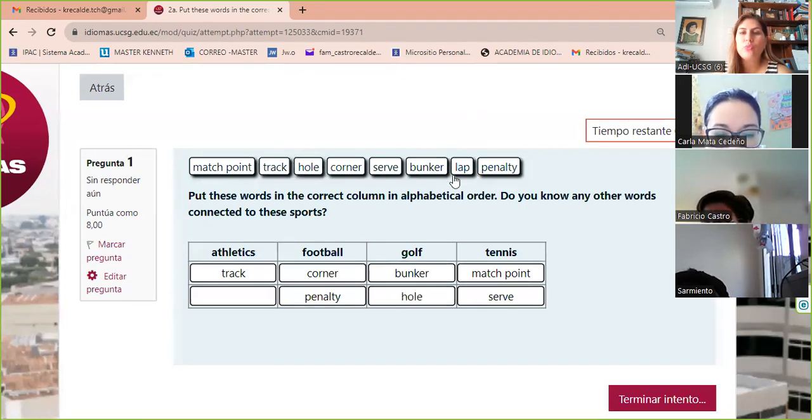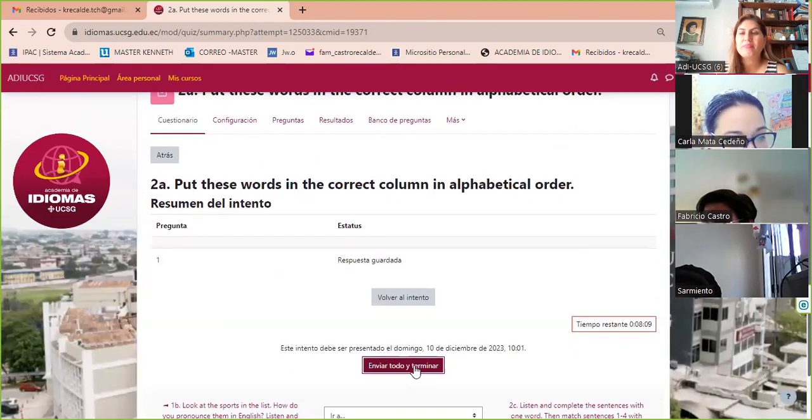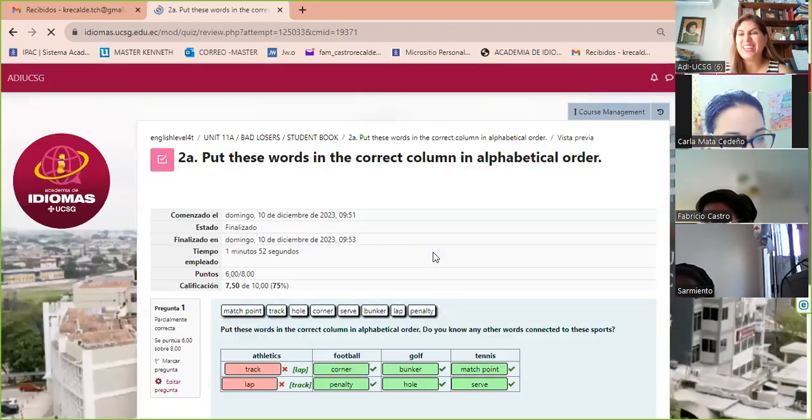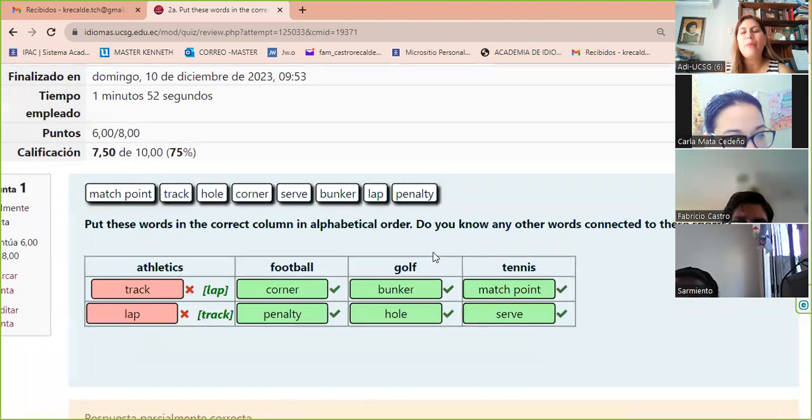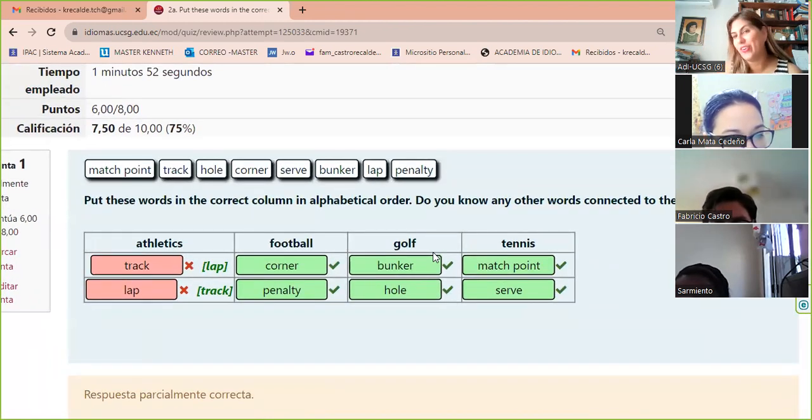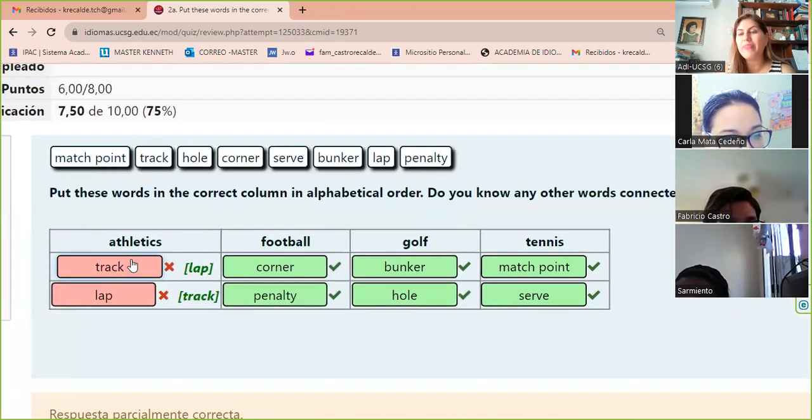So the last one, lap is athletics. Okay, let's check if this is okay. This is technical vocabulary. Everything is perfect, but it was in alphabetical order. So it's first lap and then track.